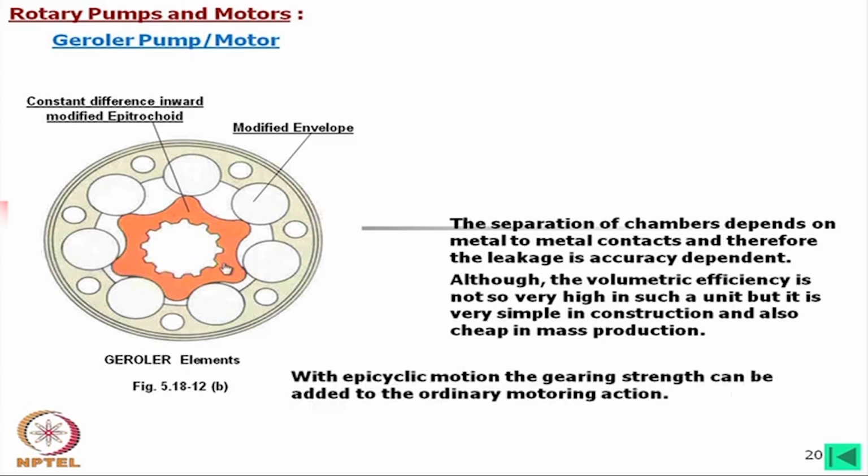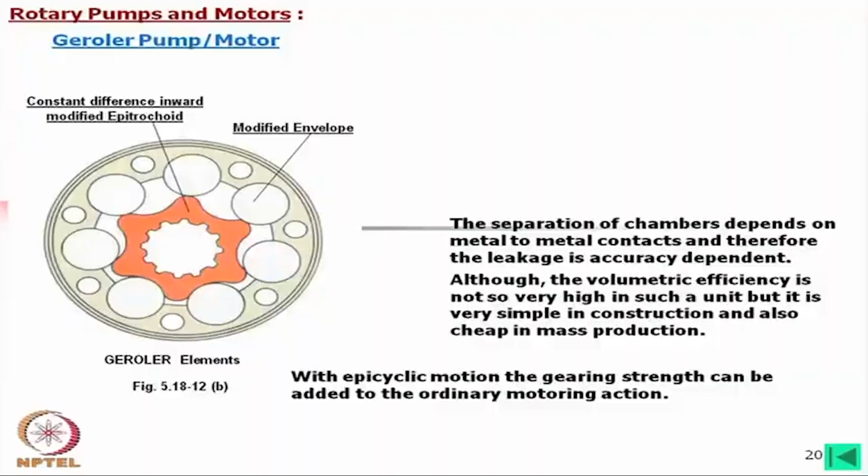Now, if we employ the epicyclic motion, in that case this can be used as a low speed high torque unit, and usually it is used only as a motor, because there is no meaning in generating high pressure fluid at low speed.